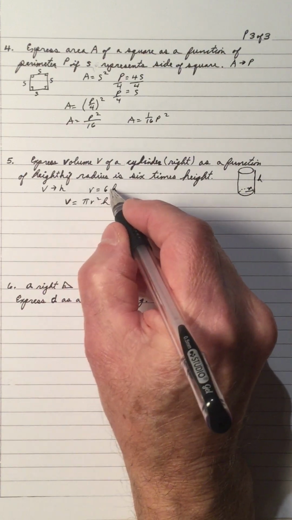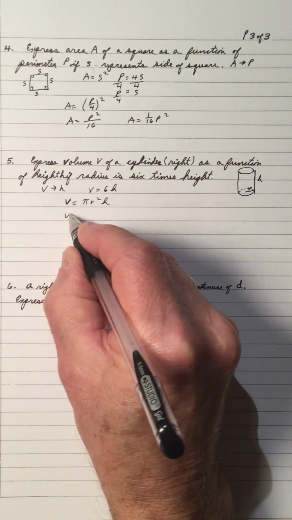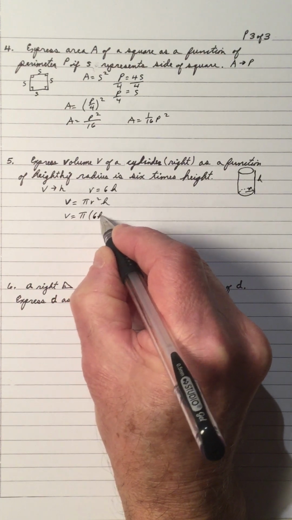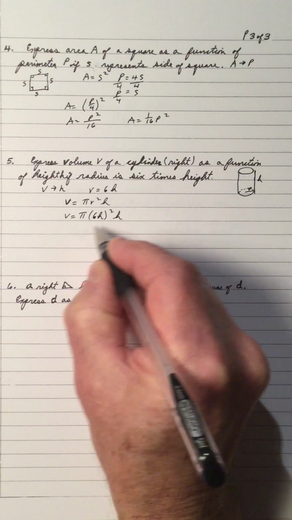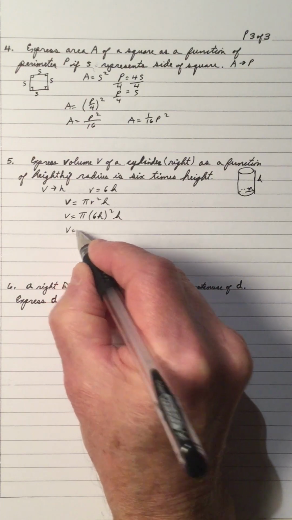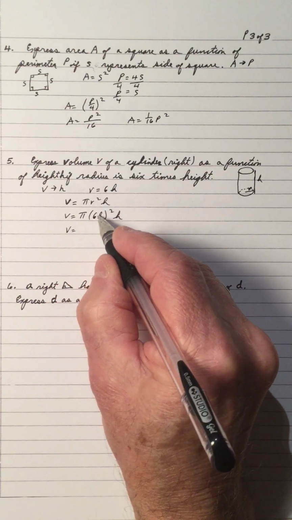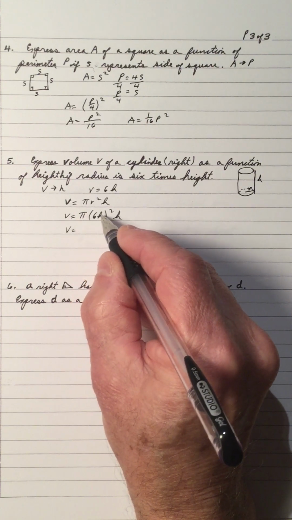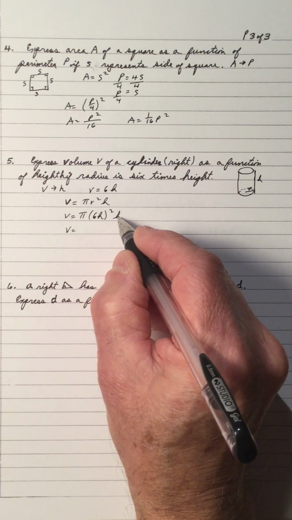That means r has to go. So r is 6h. We replace r with 6h, so pi times (6h) all squared times h.